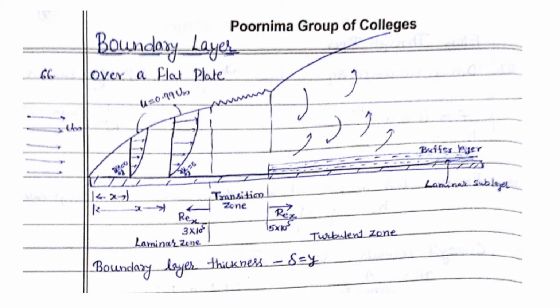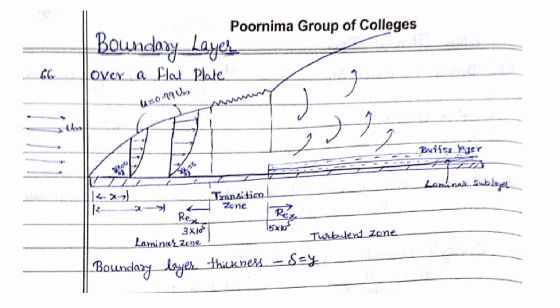Such a fundamental condition in fluid mechanics is known as no-slip condition. As we move in the transverse direction of the flow from the surface, the shear stresses are decreasing. Therefore, there is a development of velocity gradient. So the zone which is very near to the boundary or surface where the viscous shear stresses are highly dominant is known as boundary layer zone.